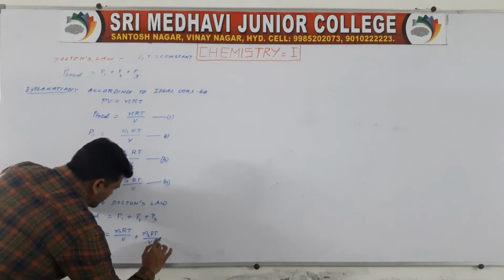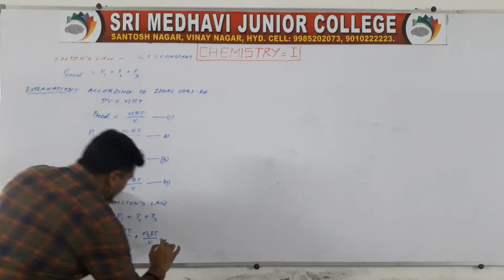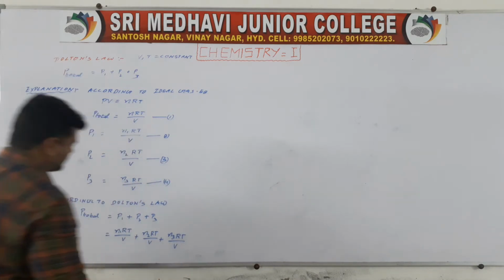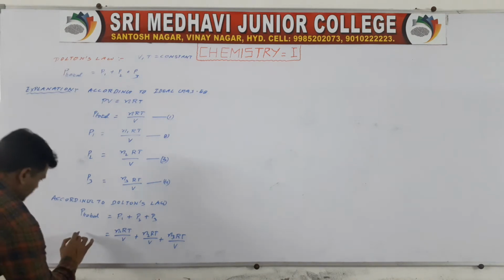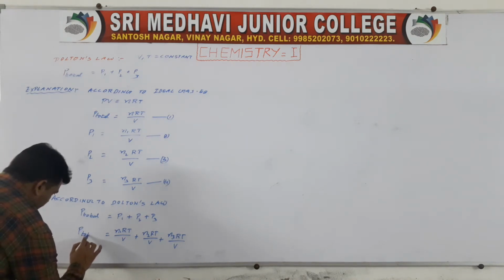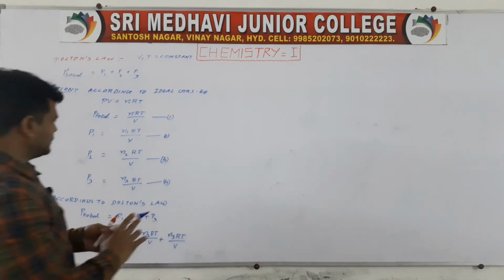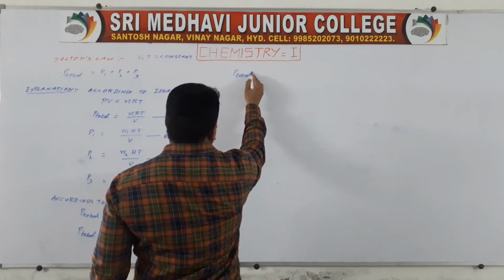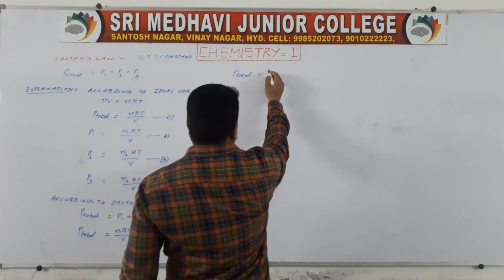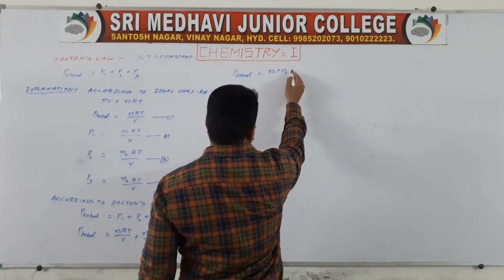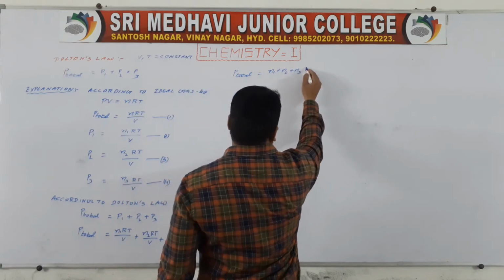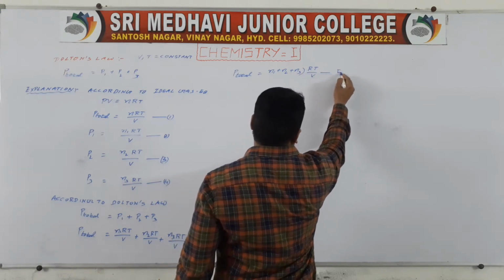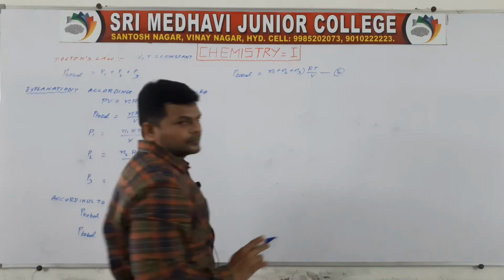N2RT by V. What is P3? N3RT by V. This is P total. Then P total equals (N1 plus N2 plus N3) into RT by V. It is equation number 5.